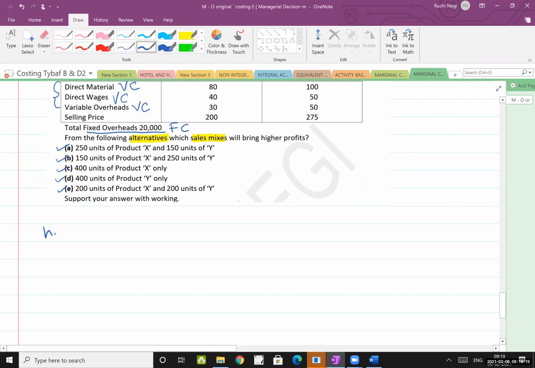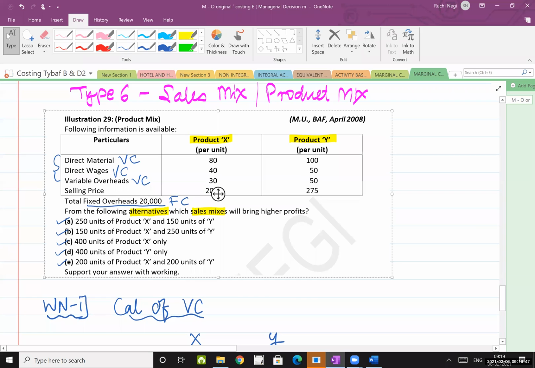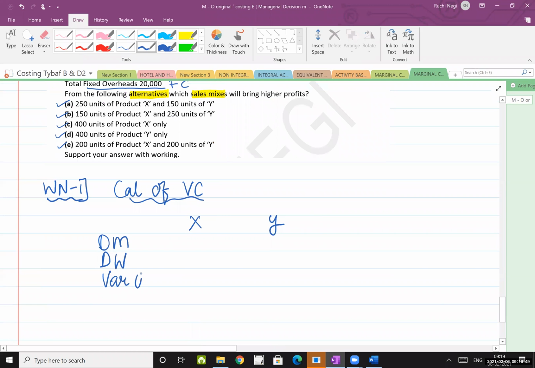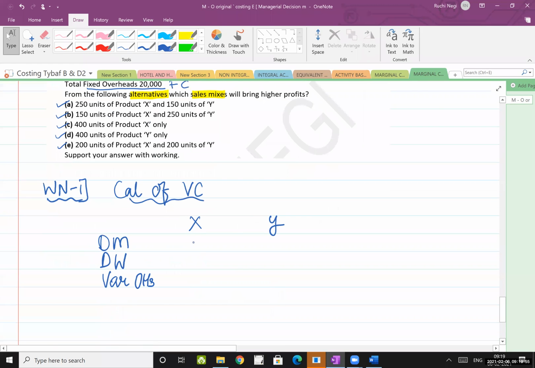Okay, so let us start with working note number 1. We have to calculate variable cost. Calculation of variable cost. Product X, product Y. So I have direct material, direct wages, and variable overheads. 80, 100. 40, 50. 30 and 50.